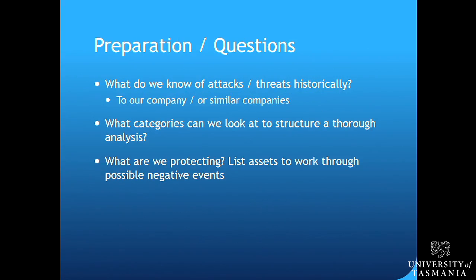So for our preparation, the questions we could build our analysis around are: what do we know about attacks or threats that have happened against the company before, or to similar companies? What categories can we look at? We can have a bunch of categories to work our way through. If we're a company that's got a web platform, we have to talk about that and what attacks could occur against it.